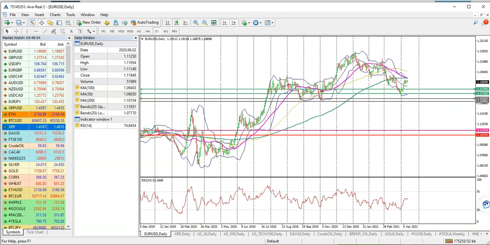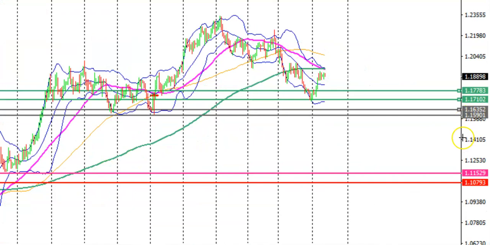Then after that, we have another support zone. Let me zoom in to show you guys. The first one is 1.1590 to 1.1635. The second one is between 1.1710 and 1.1778.